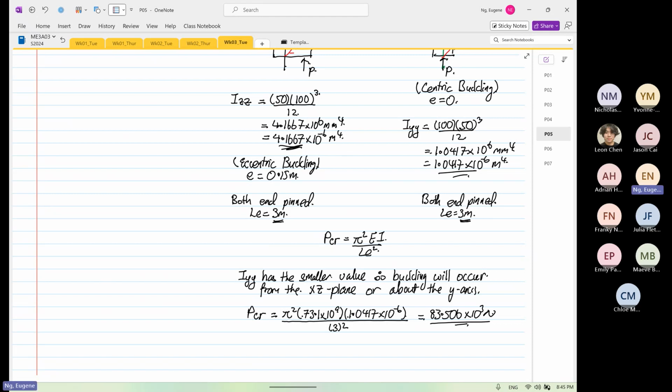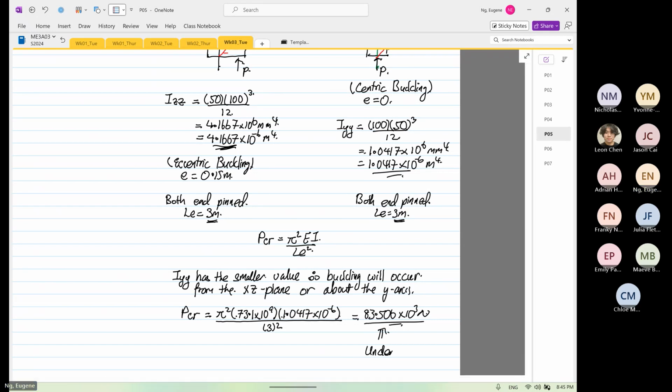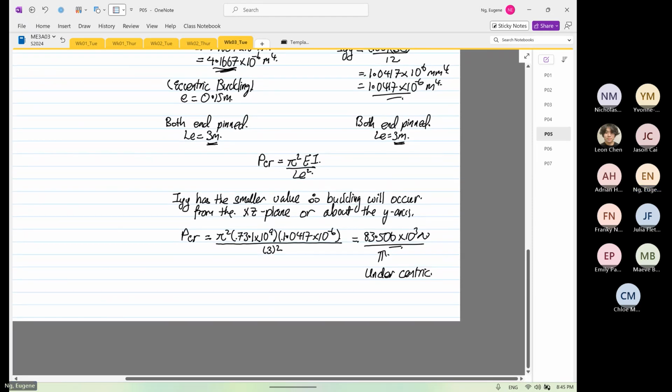Now this PCR is from where? Under centric loading, right? This is under centric loading.